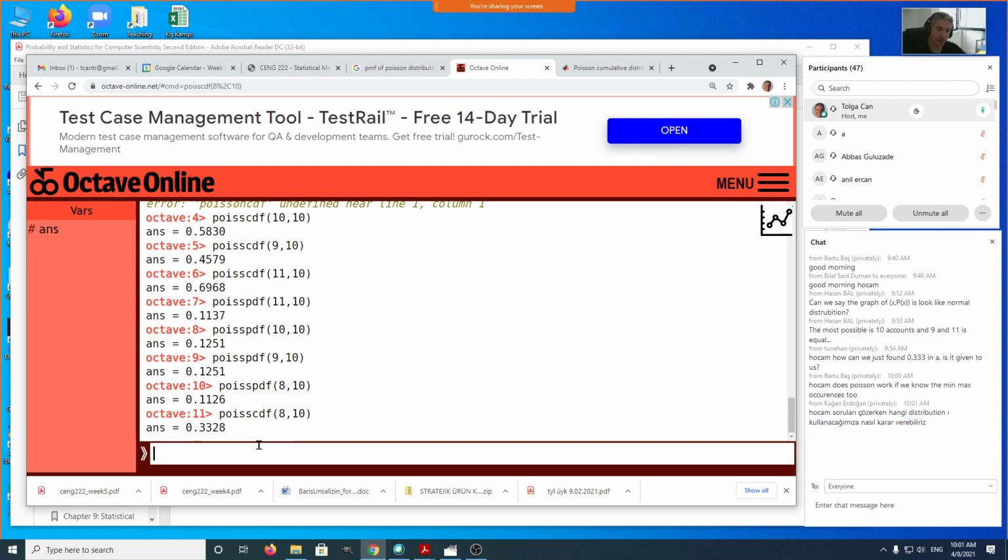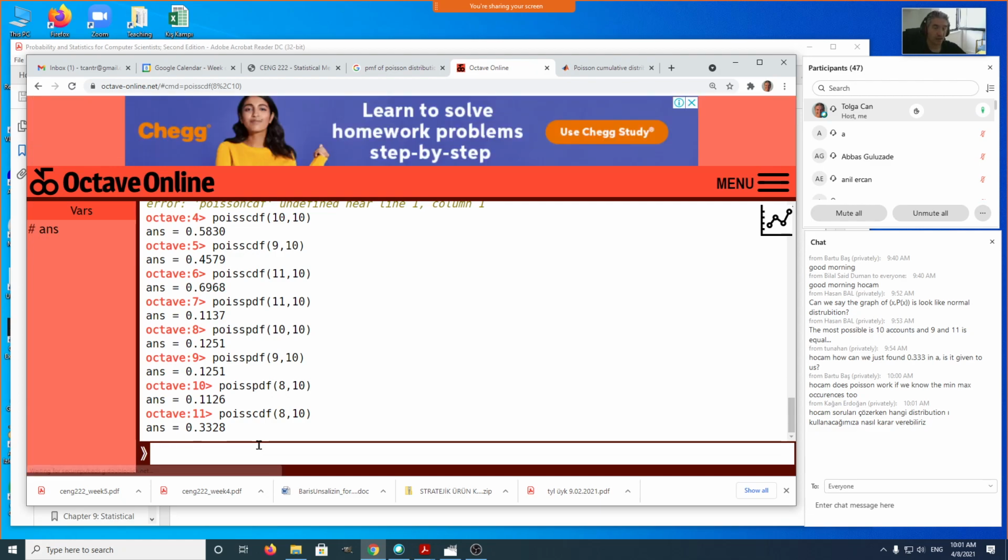Another good question: when we are solving these problems, which distribution are we going to use? You have to actually get a feeling of what those distributions mean. There may be some questions in the midterm that ask you exactly that. For example, we are going to pose a question and ask what kind of distribution is most suitable to model the random variable in this question.